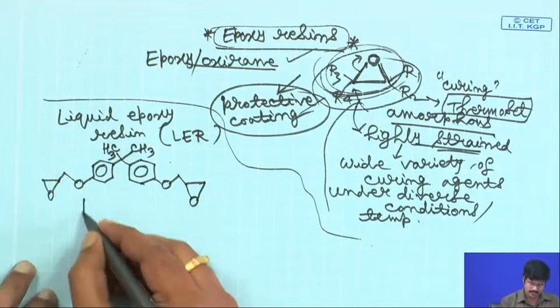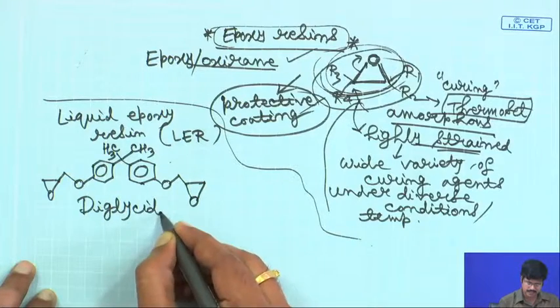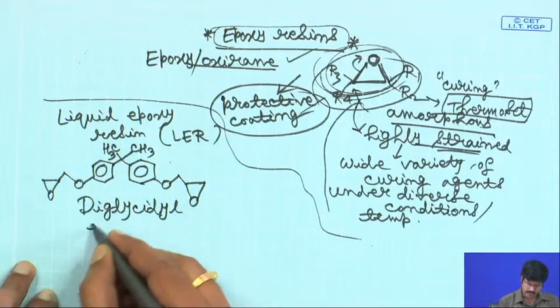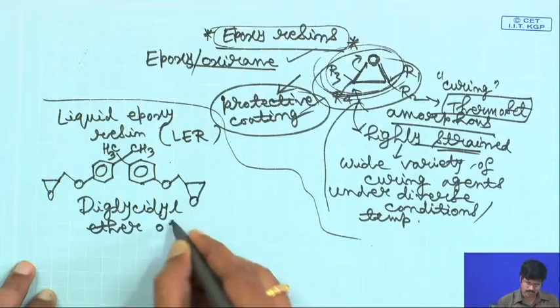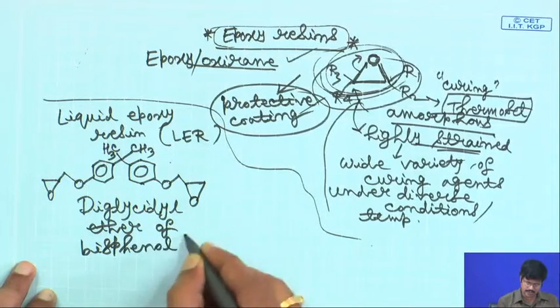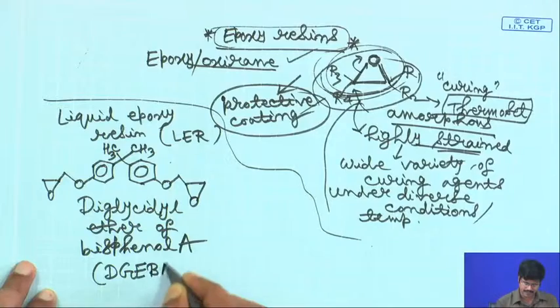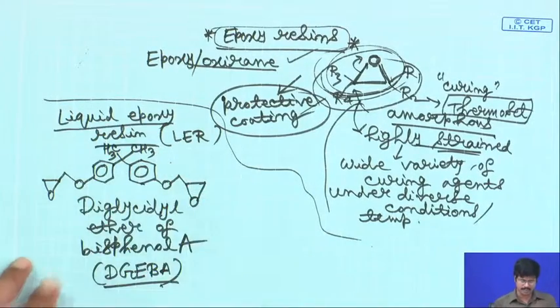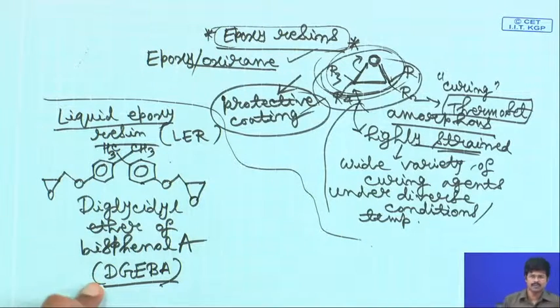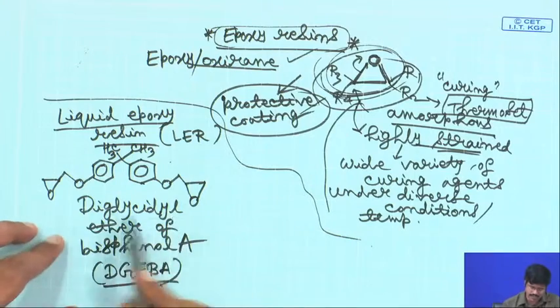This is diglycidyl ether of bisphenol A. So, the abbreviation is DGEBA. So, your liquid epoxy resins are typically based on DGEBA. We will explain why. Now, a little bit more about the name.